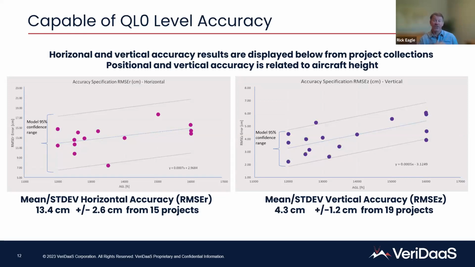But when we fly towards the lower end of that range, at around that 12,500 foot level, we're actually at about a QL0 accuracy with below 5 centimeter vertical accuracy. So the data is extremely accurate. And the data that we're showing you here represents many collections that we've done and graphed over on this to give you an idea of what the different missions have provided.